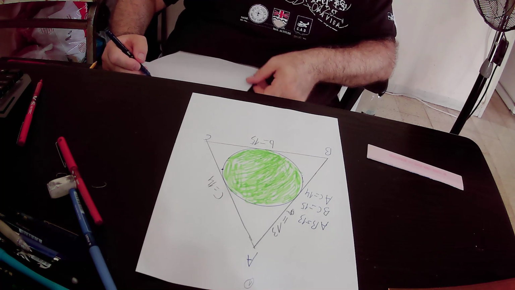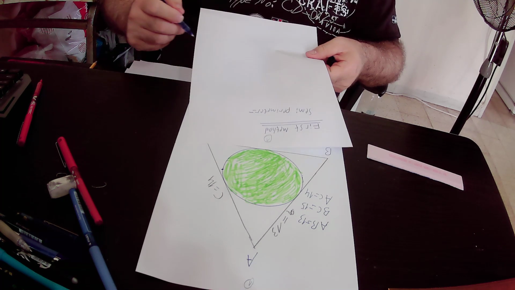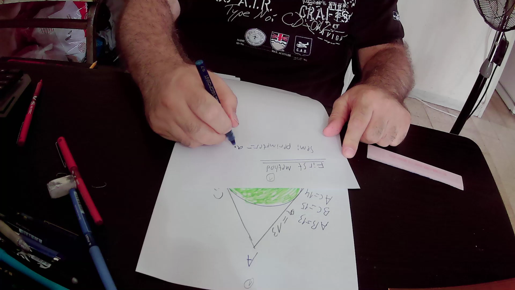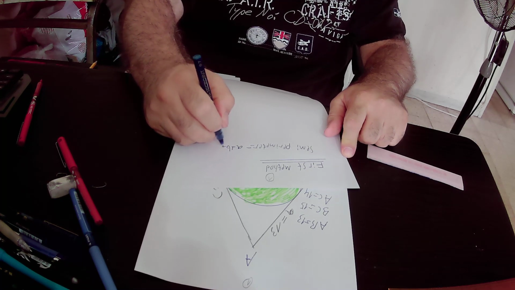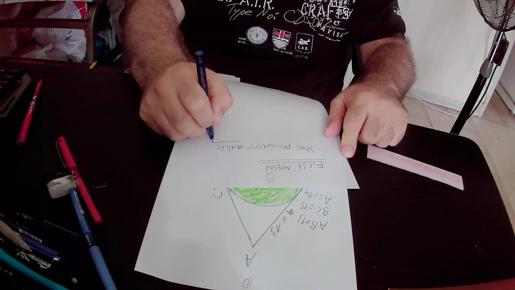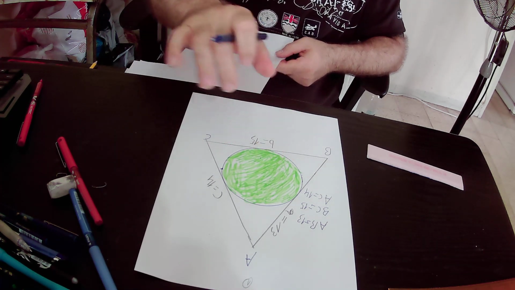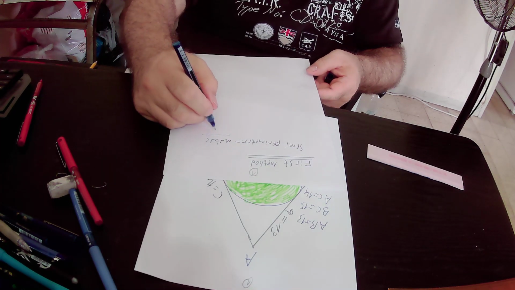The semi-perimeter is the perimeter, the sum of the sides A plus B plus C, over 2.